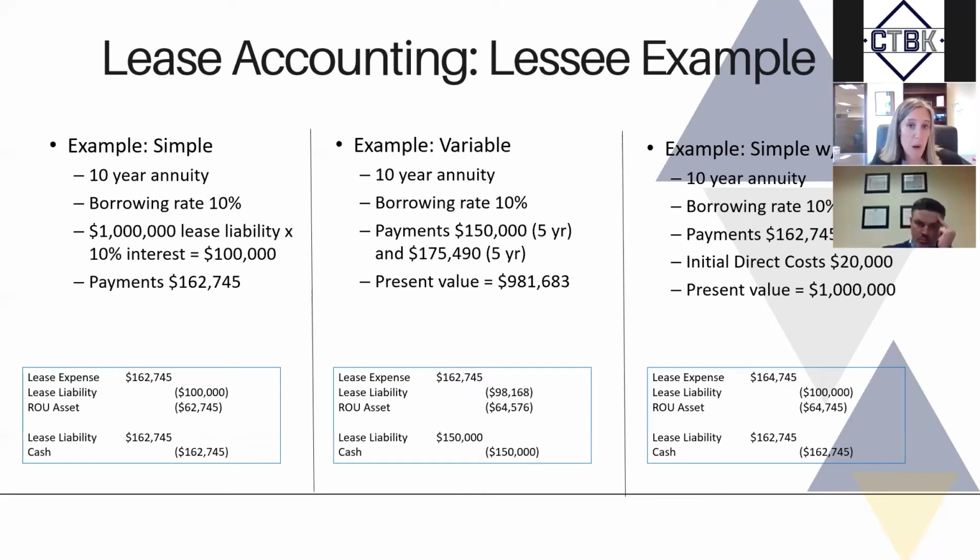We recorded a lease liability of $981,683 and I'm multiplying that by the 10%. So I get a credit to my lease liability of $98,168 in this example, with my right of use asset as the offset. At the end of the year, I'm going to make that first payment of $150,000, so I'm going to debit my lease liability for $150,000 and credit my cash. So you'll see in this example, my income statement and my cash flows might look a little bit different.